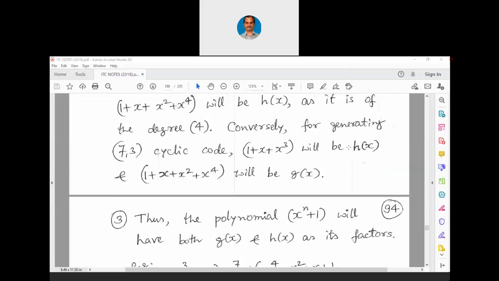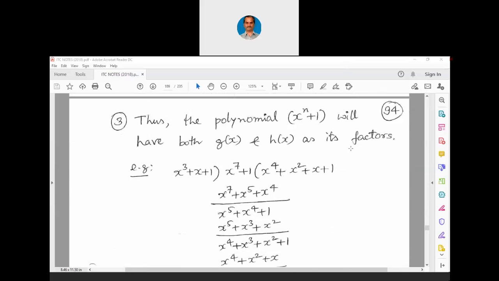Let me proceed. Now the third property is the polynomial x power n plus 1 will have both g of x and h of x as its factors, right? See, 1 plus x cubed and 1 plus x squared plus x power 4 are both factors.